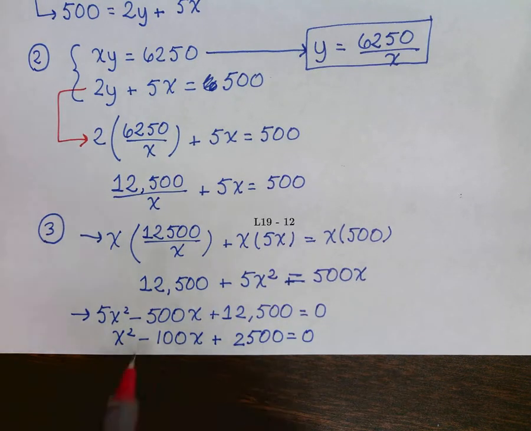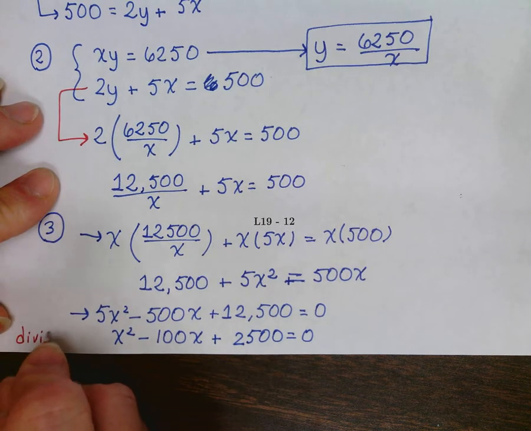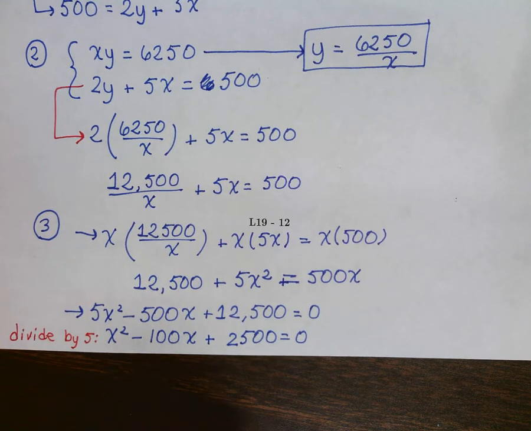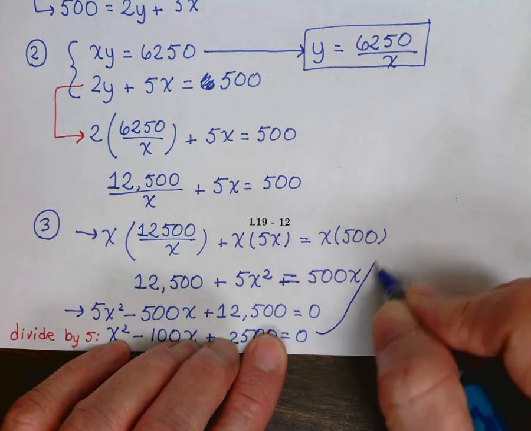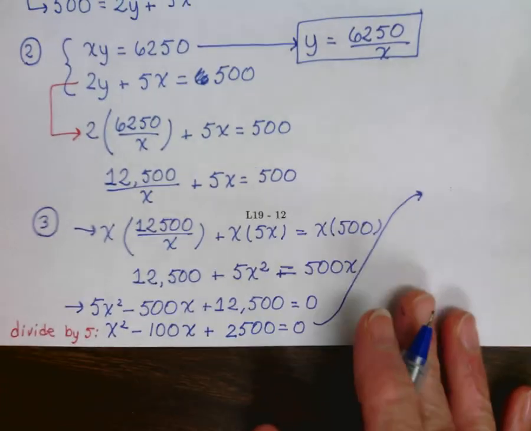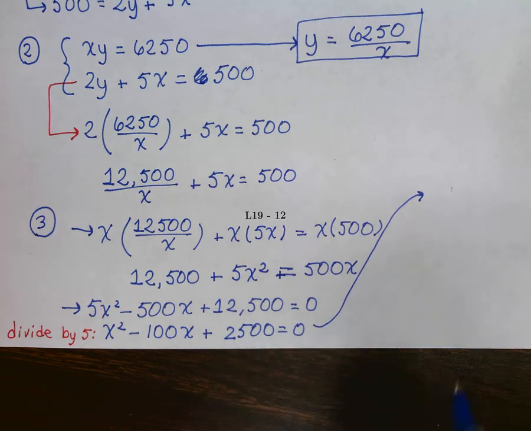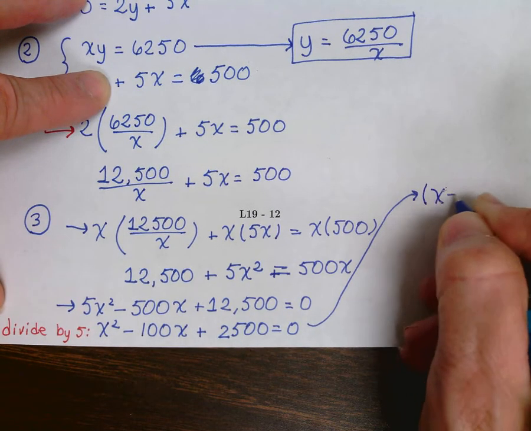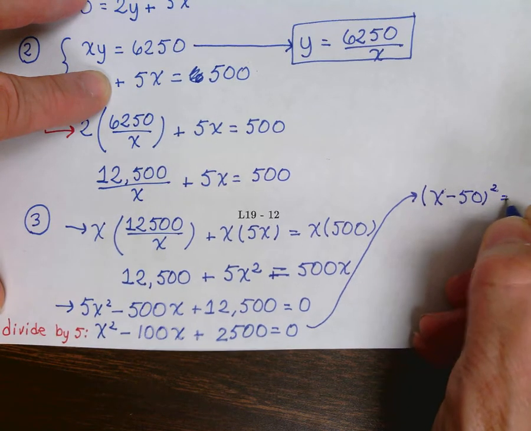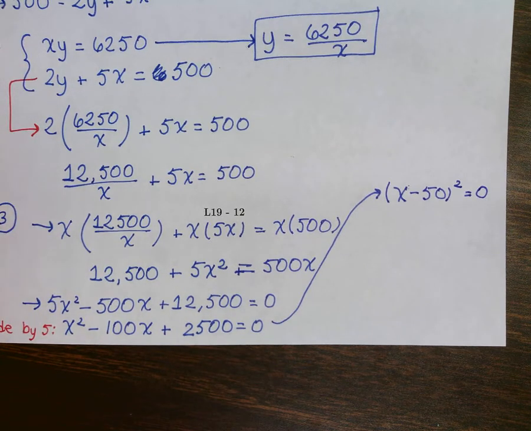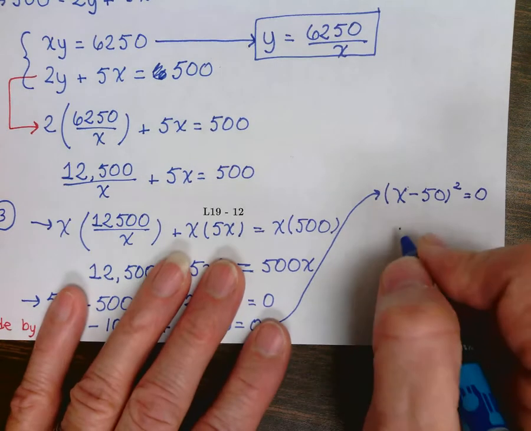Then, if we look at it and try to factor it, it looks like it's going to be a perfect square. 2,500 is a perfect square, it's 50 squared, and you can check that it does factor. Or use the techniques that you have for factoring a quadratic. And so x equals 50.